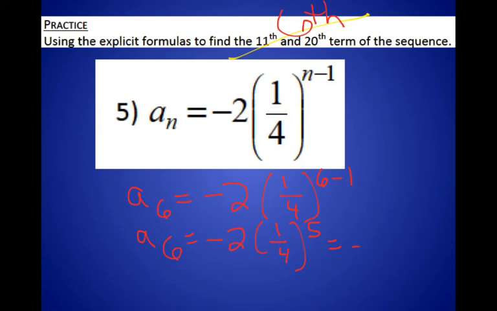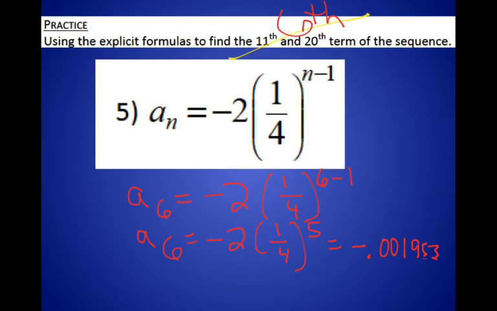which turns out to be negative 0.001953, and actually let me use, I didn't use my new operating system, so let me try to make that a fraction so it'll be better. 1 divided by 4 raised to the 5th.